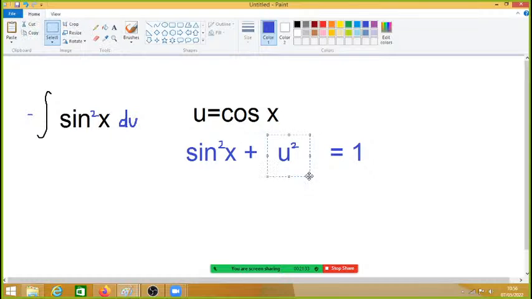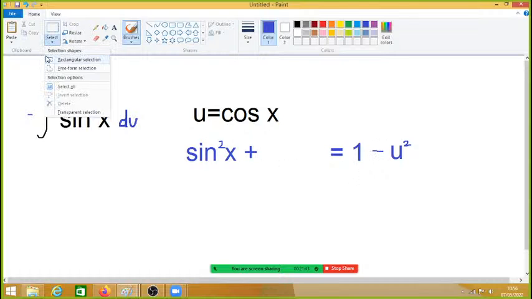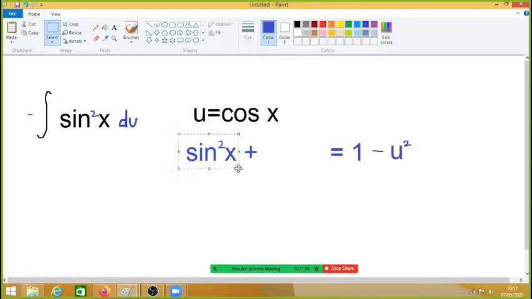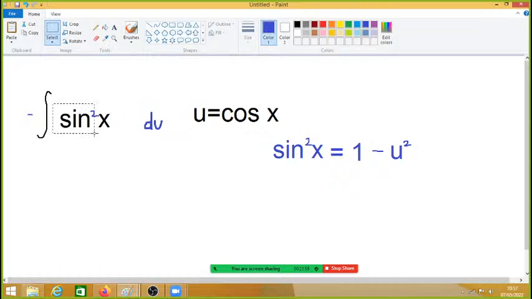Just take the u squared onto the other side. Good. And then we'll have something to swap with the sine squared, which is 1 minus u squared. And I think you'll be okay from there. Once you've made that swap, it's quite easy to then integrate. You'll have everything in terms of u, so there's really no problem at all.